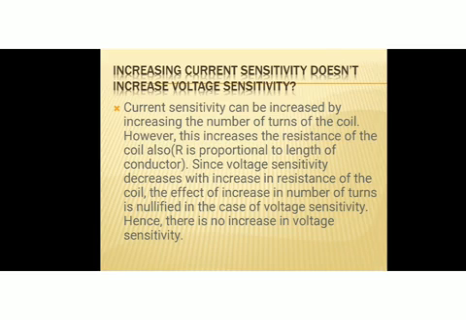Since voltage sensitivity decreases with an increase in the resistance of the coil, the effect of the increase in the number of turns is nullified in the case of voltage sensitivity. Hence, there is no increase in voltage sensitivity. This is a very important concept related to the voltage sensitivity and current sensitivity of a galvanometer.